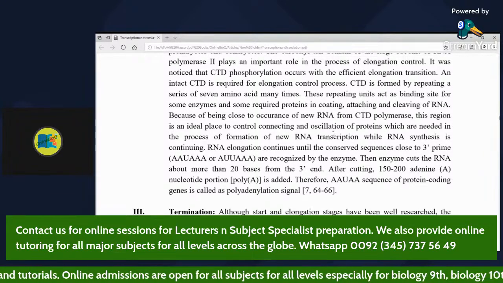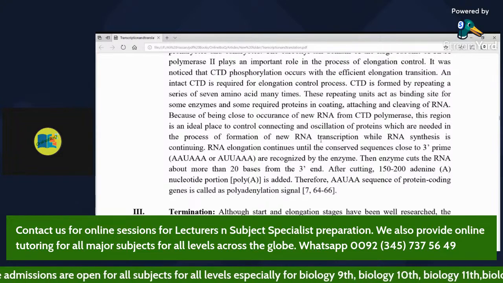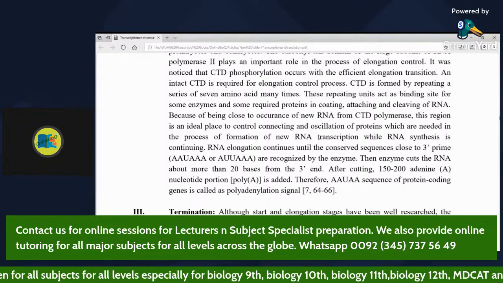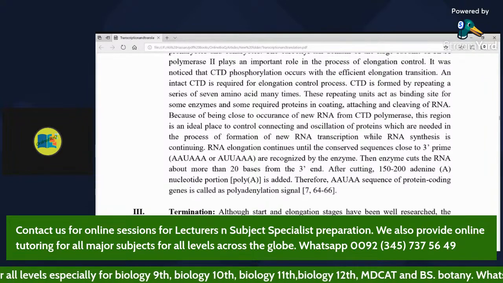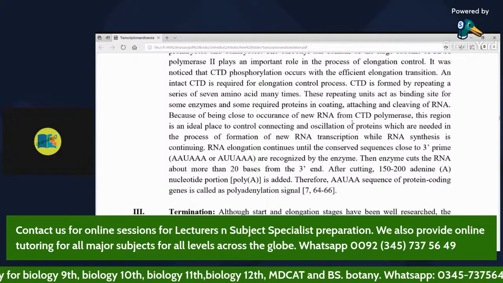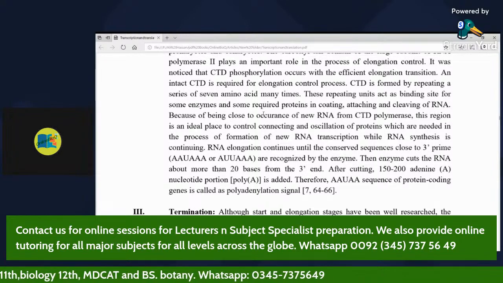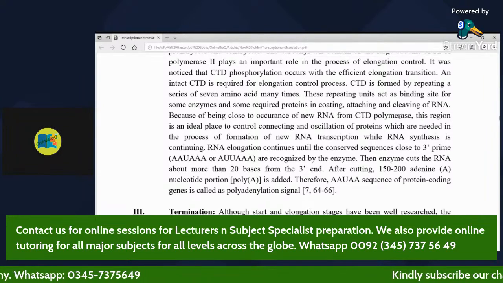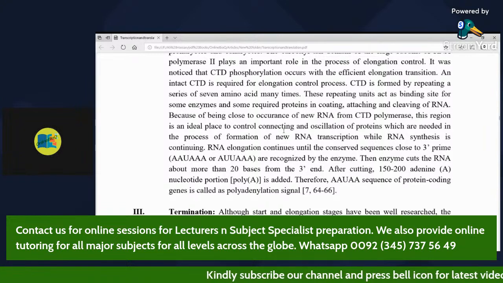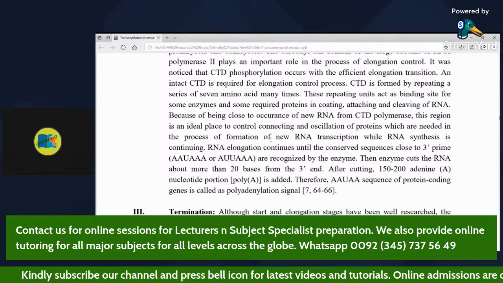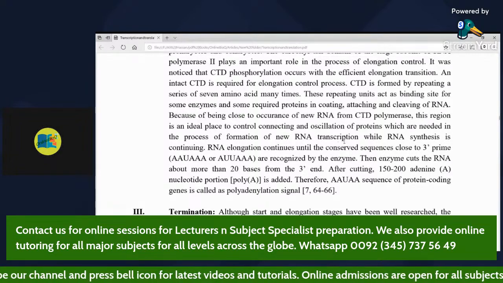The message on DNA is being read and RNA transcription is going on.